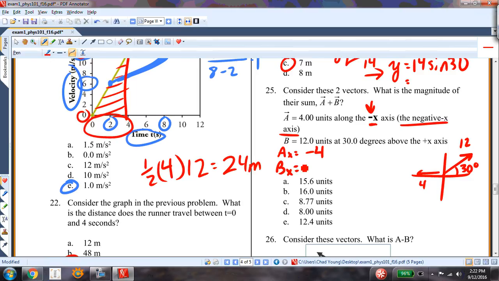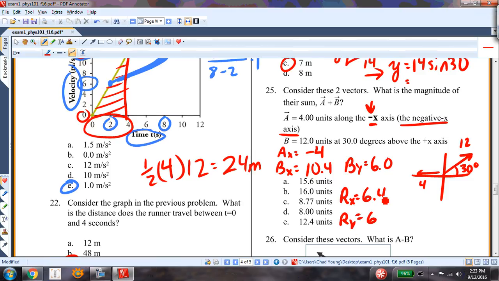Bx is going to be 12 times cosine of 30, and that is 10.4. I'm going to keep 10.4 there, and then By is 12 sine of 30, which is going to be 6. Now I add my x and y components to get Rx. It's going to be 10.4 minus 4. That's 6.4.